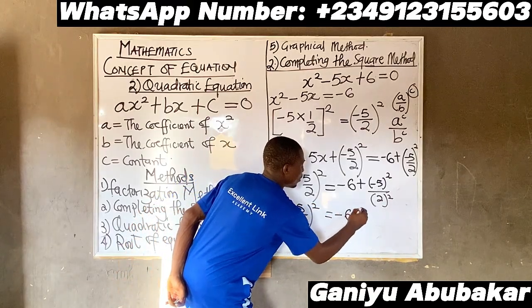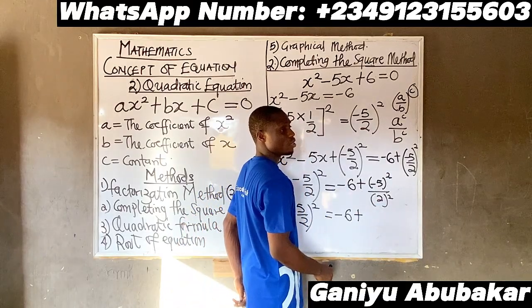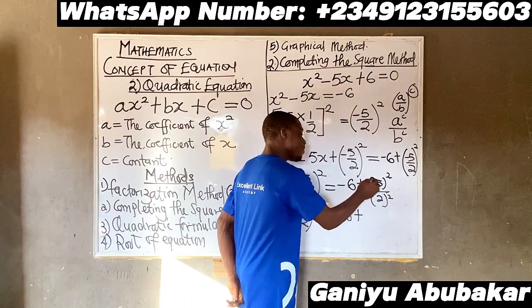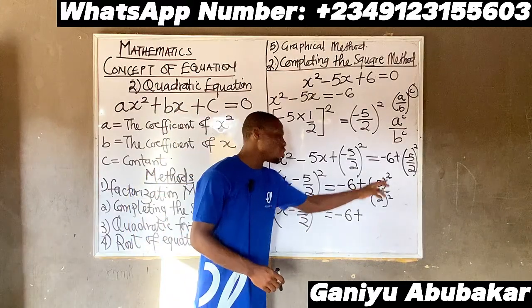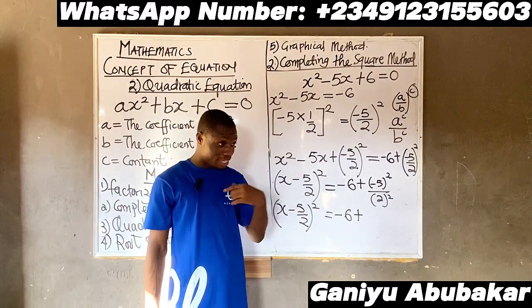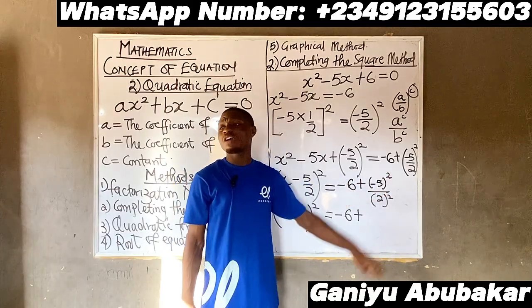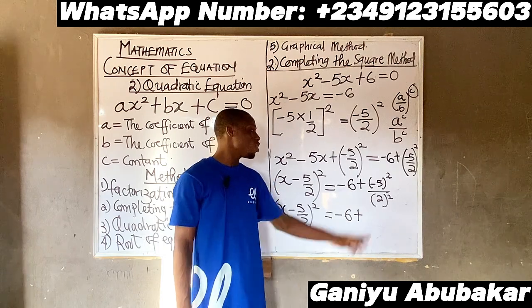Minus 6 plus, now, minus 5 squared is what? Leave it. What's my answer here? 5 times 2 is 10. What's 5 squared?